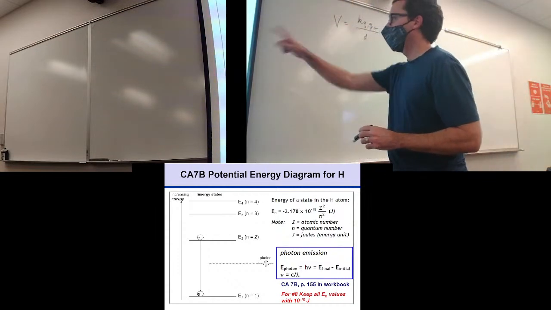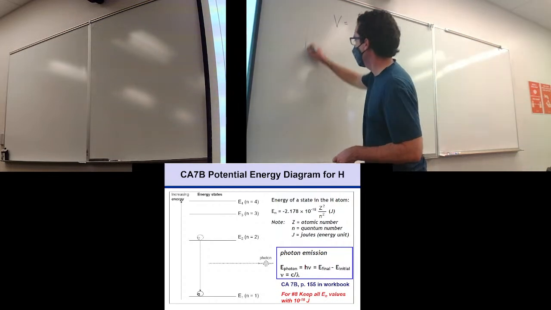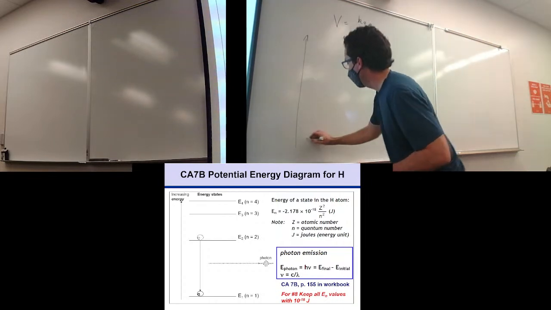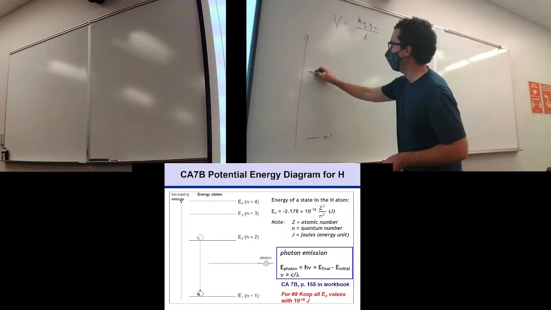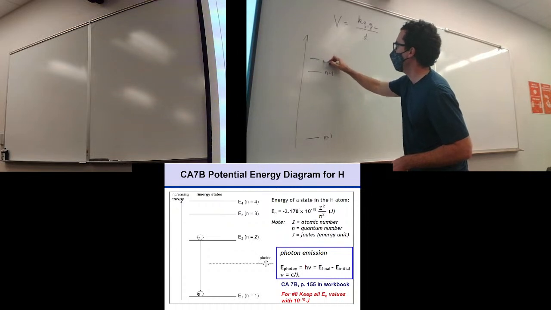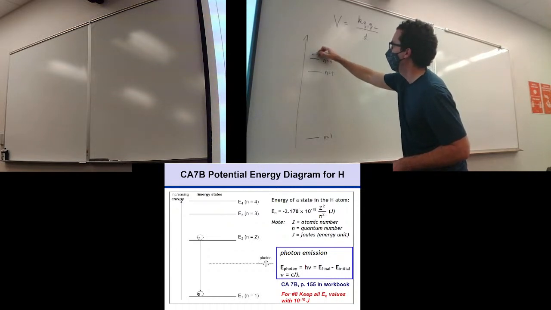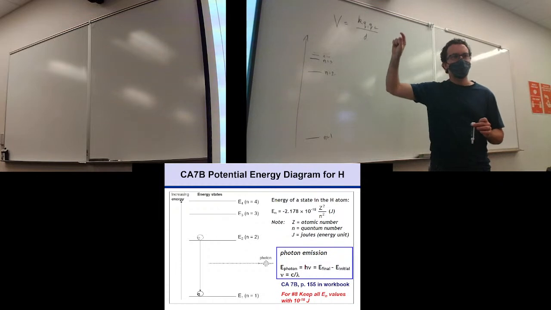And what doesn't show here very well is the sense of scale between the levels. So if your first energy level is way down here, generally the second one is a huge gap. And then the third one is a much tinier gap. And then the fourth one is an even smaller gap. And it just keeps going. So as you go up in energy levels, the gap difference gets smaller and smaller.